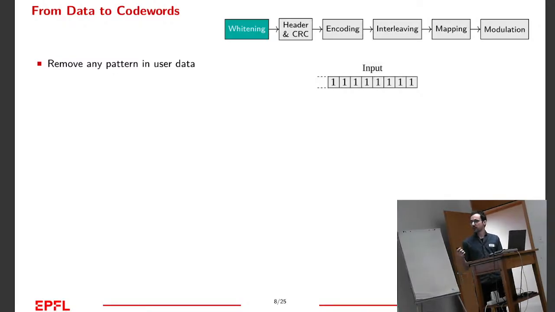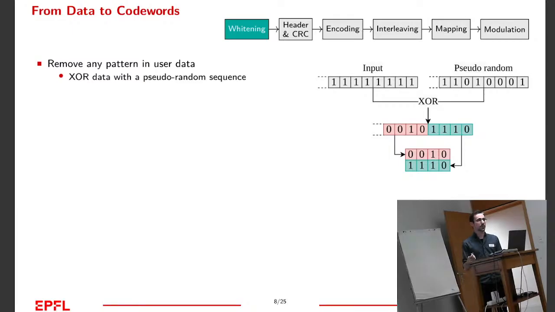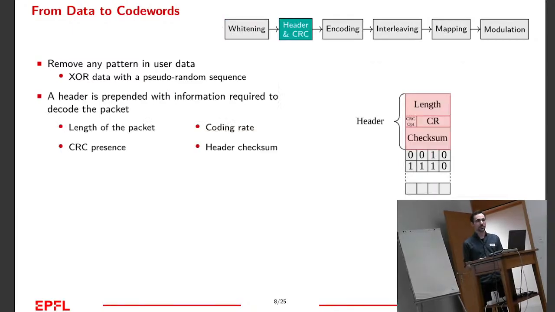We prepend a header that contains some information about the transmission that the receiver needs, for example the length of the packet or the code rate used for the encoding. We append a CRC, a cyclic redundancy check. It's a form of hash that allows you to know if your packet is completely correct at the receiver.